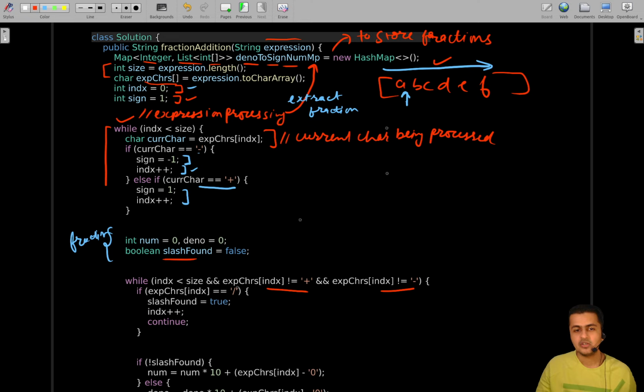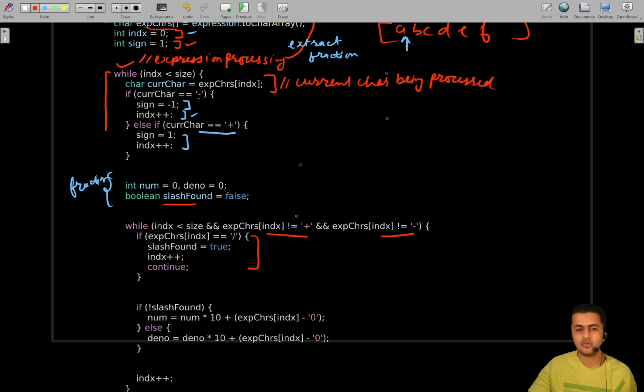So whenever you see a forward slash, you will know that the denominator forming part has started.